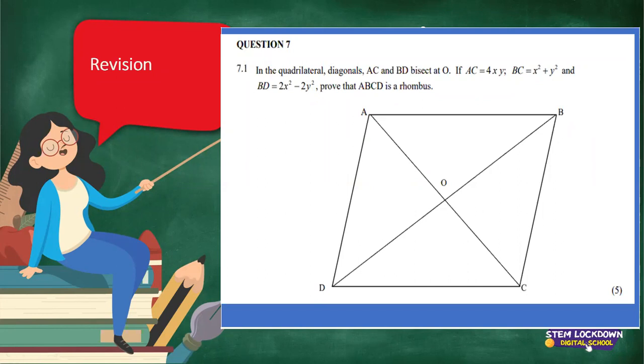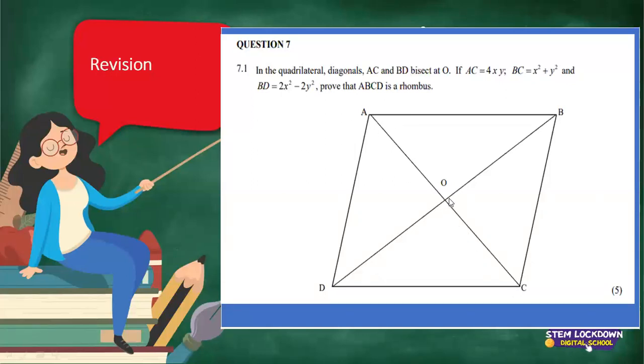What can we infer from here? I know that the angles here are 90 degrees. So we can say therefore that we have BC, and we also have this length AC.